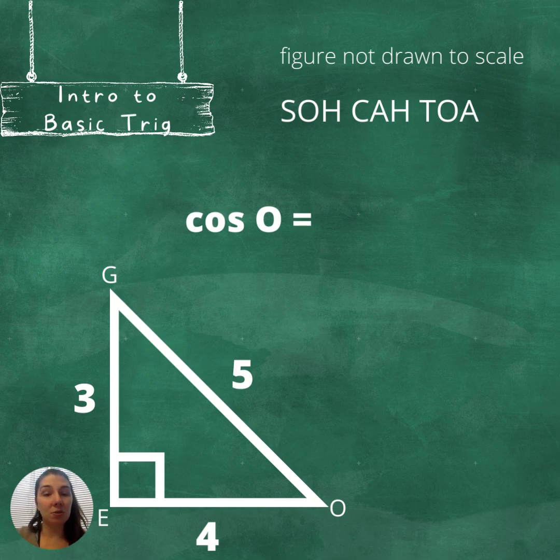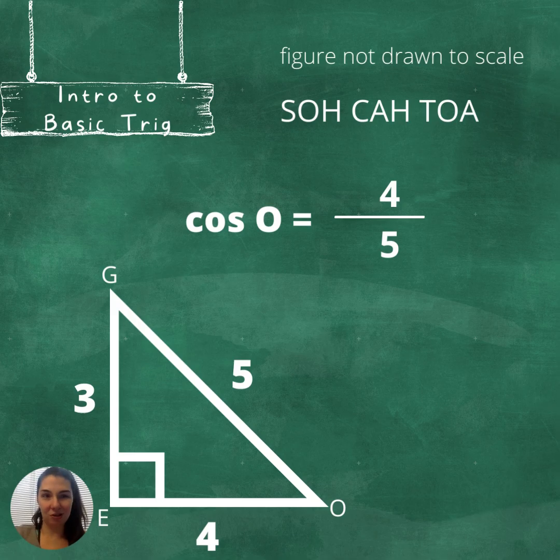What we need to do is find out what the adjacent leg is. The adjacent leg would be EO, which has a length of 4. And the hypotenuse we know is GO, which is a length of 5. So the cosine of O produces a ratio of 4/5.